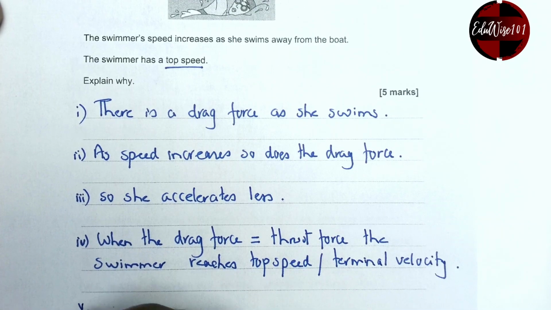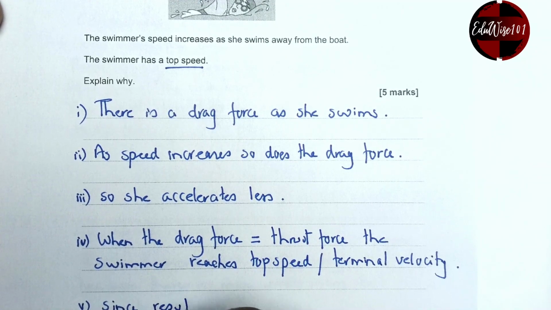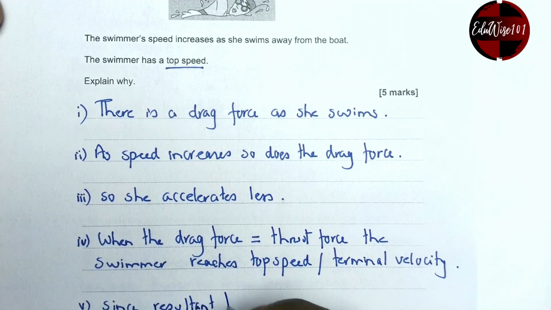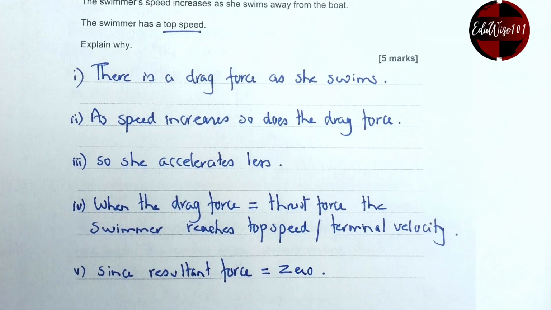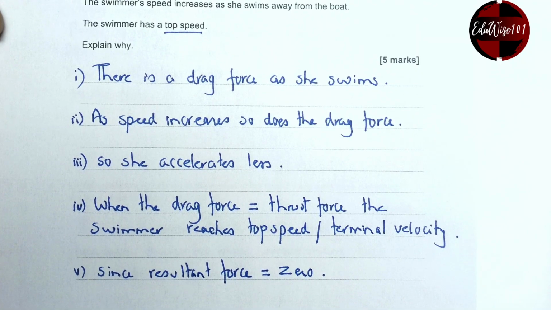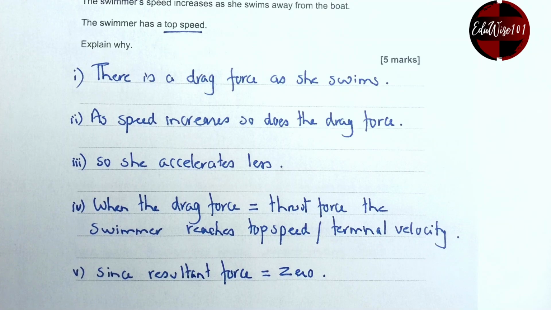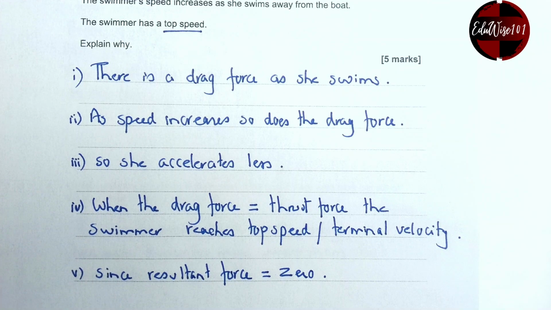And I can give a last point. Since resultant force equals 0 at that stage. Because the resultant force is 0, she's not going to speed up anymore. Remember Newton's laws? There has to be a force, Newton's first law.